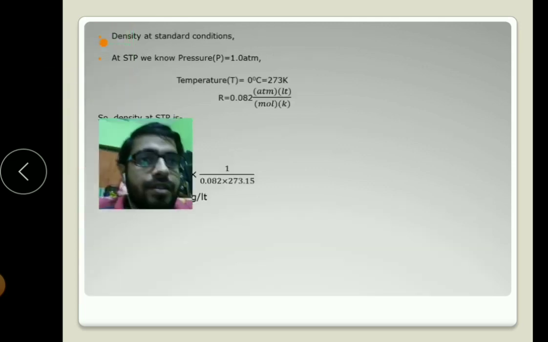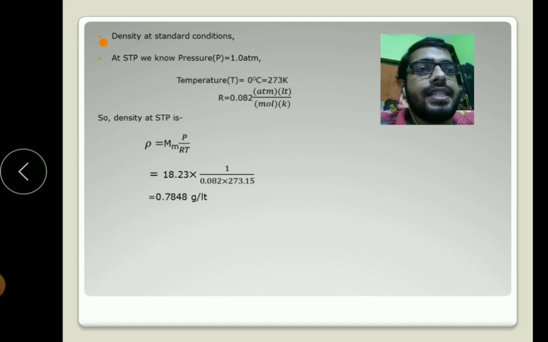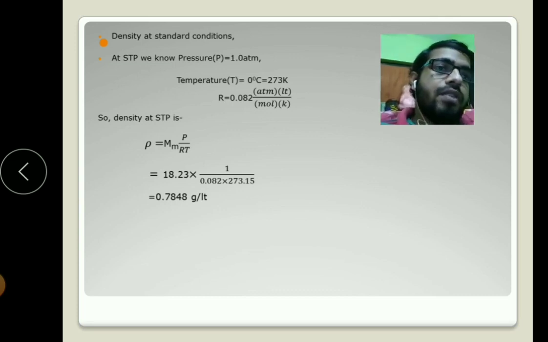Next, density at STP. STP means standard temperature and pressure. At STP, pressure is 1 atmosphere, temperature is 0 degree centigrade or 273 Kelvin.